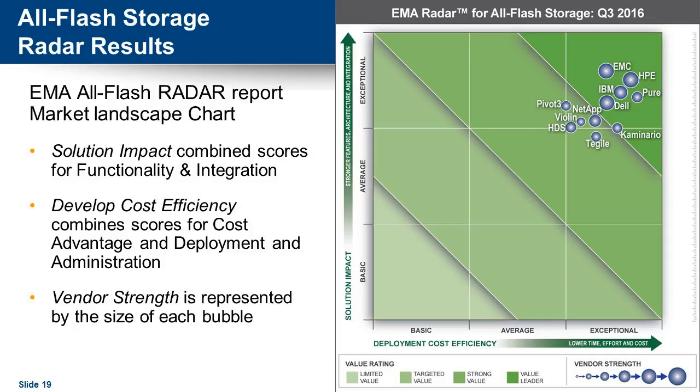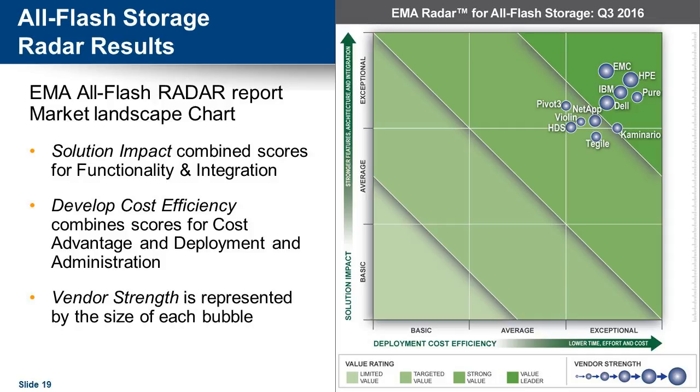And together, deployment and cost capture both the CapEx and OpEx costs, with the total cost of ownership of a solution. So based on where vendors score in those two areas is where they end up in the chart.